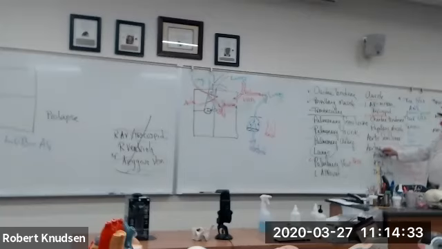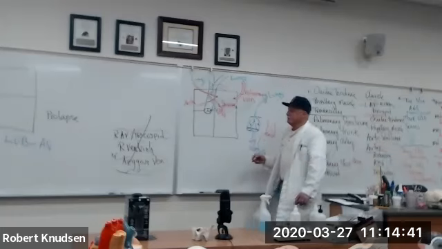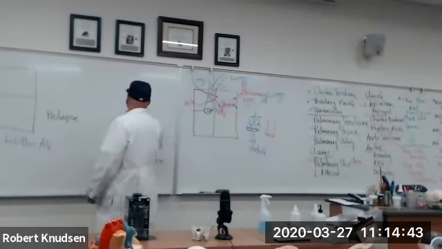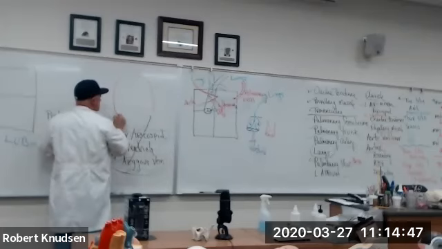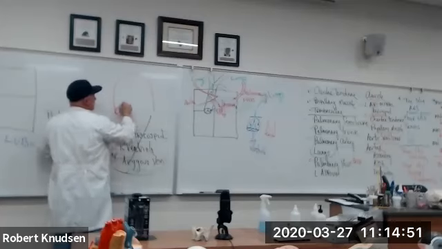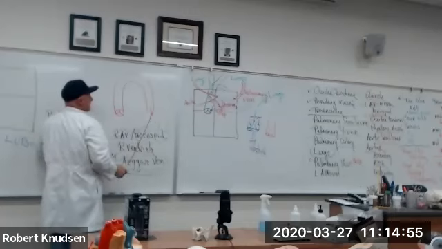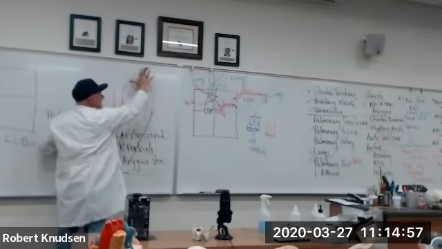Okay? Sometimes aorta has an A, sometimes it has an AE. I put it with an AE. Aorta. Okay? Now over here, I'm going to draw the aorta. Here's where it begins, in the ventricle. Semilunar valve. Up, bends. Okay? This is the aorta.